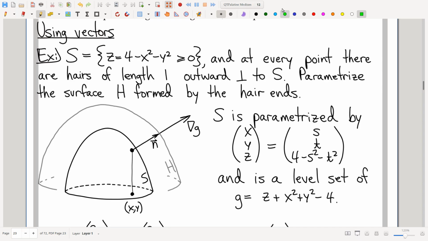In this case, just in case you decide you want to look through this stuff, we have a surface S for which it's easy to create points because it's a graph. We use the graph parameterization. Then the idea is we have these little hairs sticking out of length 1, and they stick out perpendicularly to that surface.